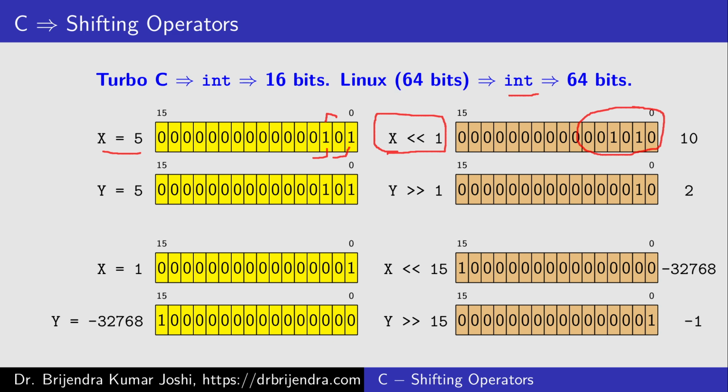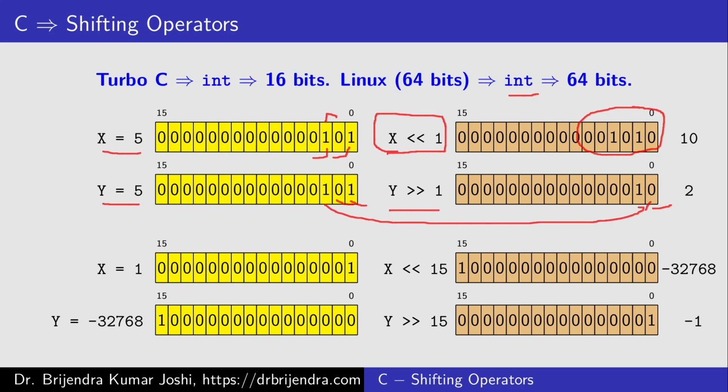On similar lines, if an integer is shifted towards right hand side by 1 bit position, it gets halved. It means it is divided by 2, but this division is integer division. So this 1 goes out. You can see here, this 0 becomes the least significant bit, which is here, and this 1 comes here.